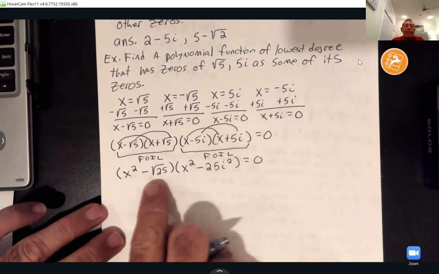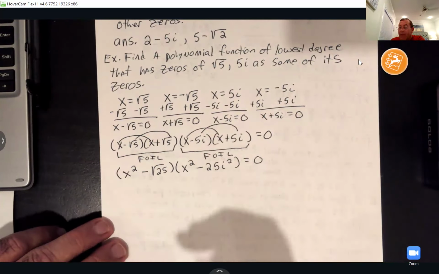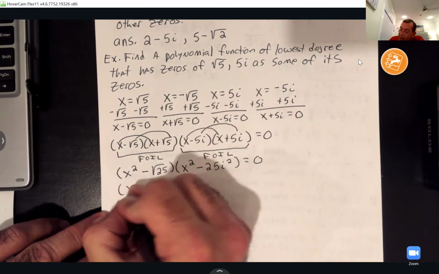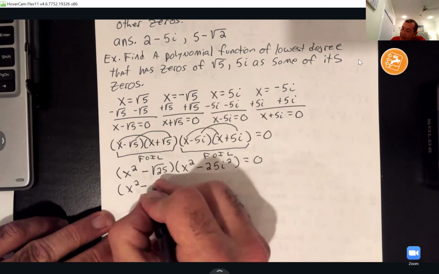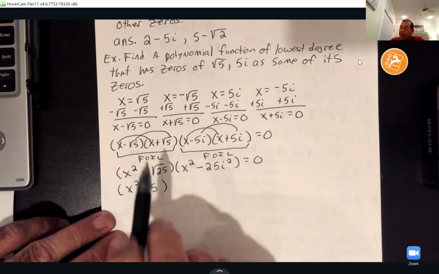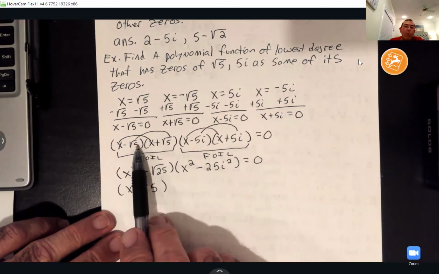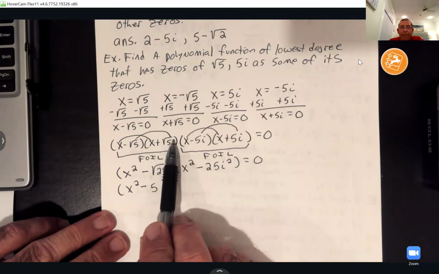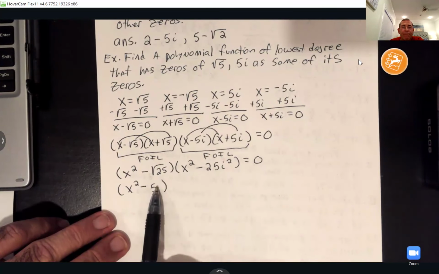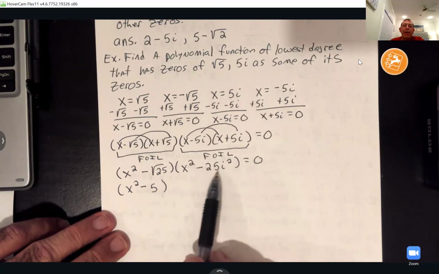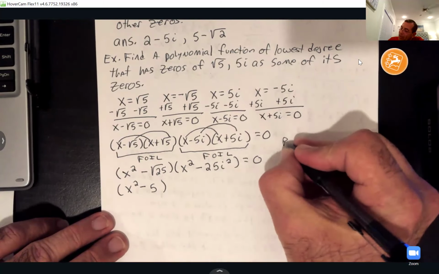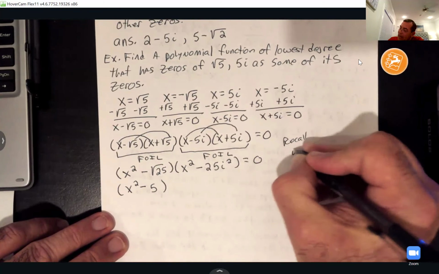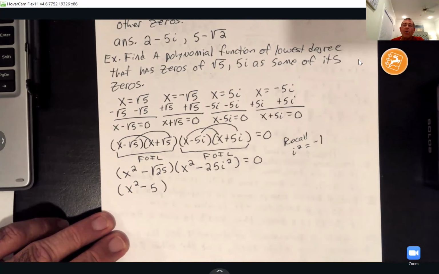Now we're going to simplify these before we FOIL that final answer. So this will give me x squared. Well, remember, square root of 25 is 5, so that goes back to my property: square root of 5 times square root of 5 equals 5. Now here, what did we say i squared equaled? So recall, i squared equals negative 1.